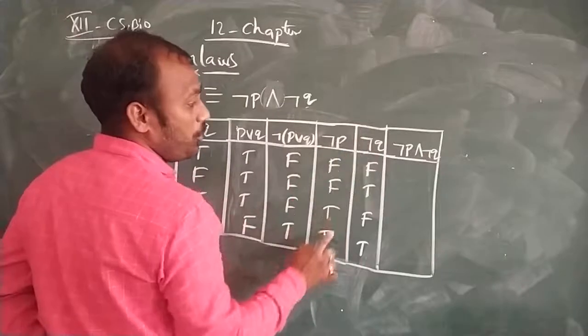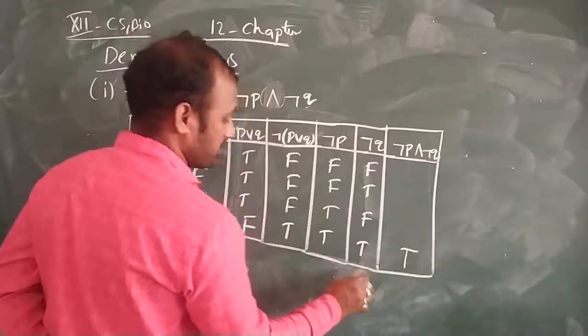AND operation is that only when true, true, it is true, remaining all cases it will be false.